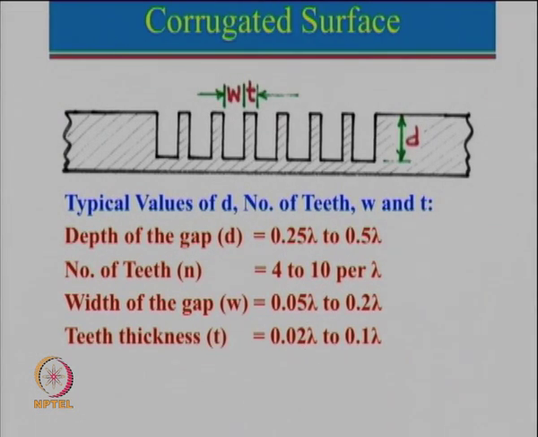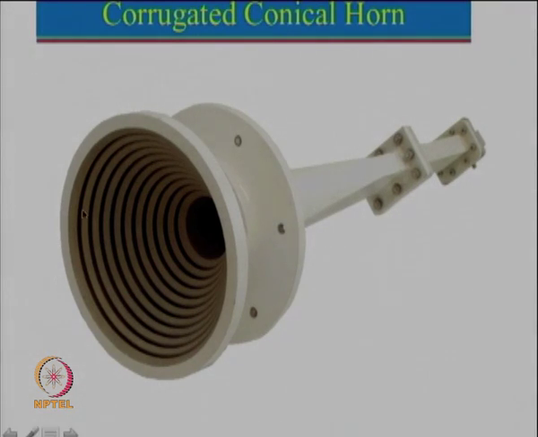We will now show you one of the practically available corrugated conical horn antennas. This is commercially available. There is only one difference here that I want to highlight: the corrugation has been obtained in the entire circumference. As I mentioned, corrugations are really important more in the E plane, and it is not really important to do it in the H plane, but here the corrugations have been done in the entire circumference.